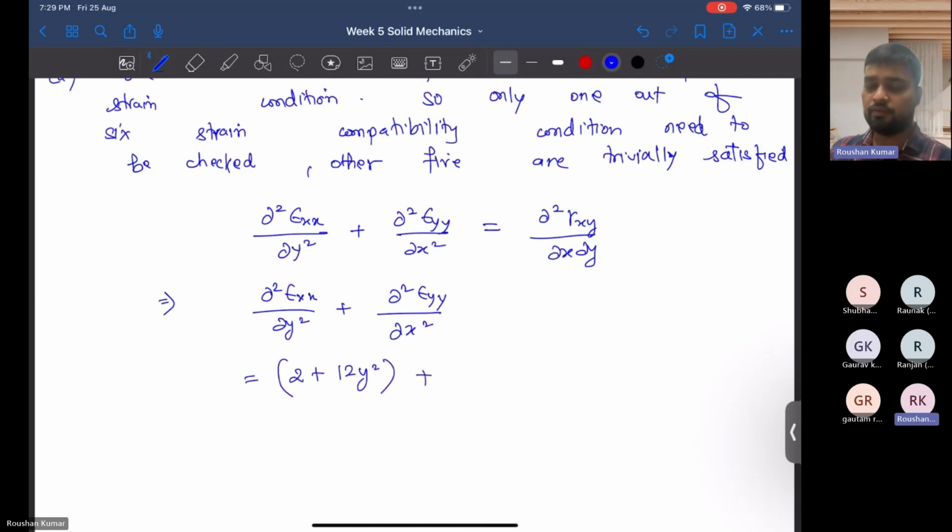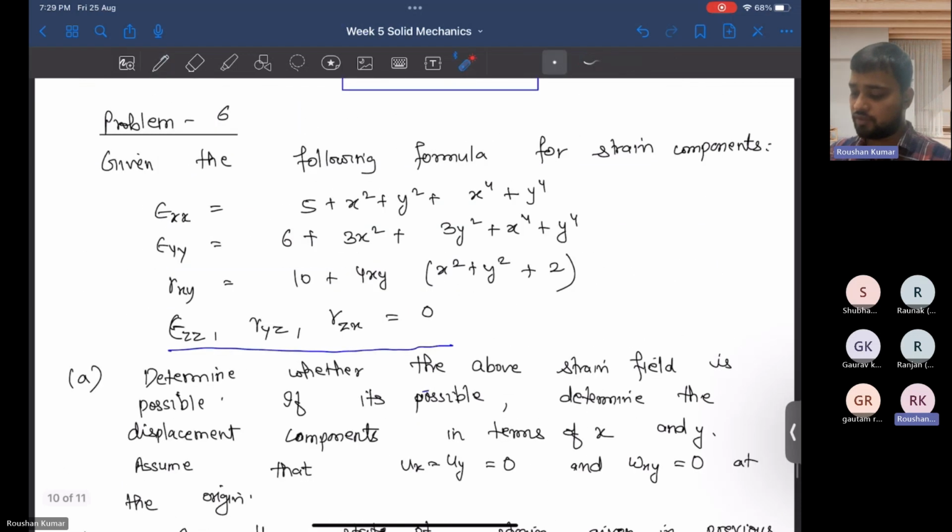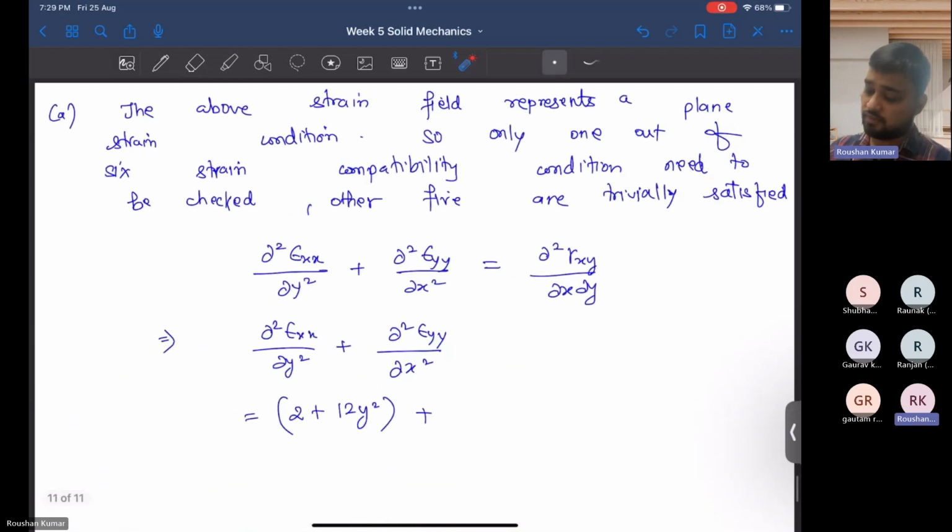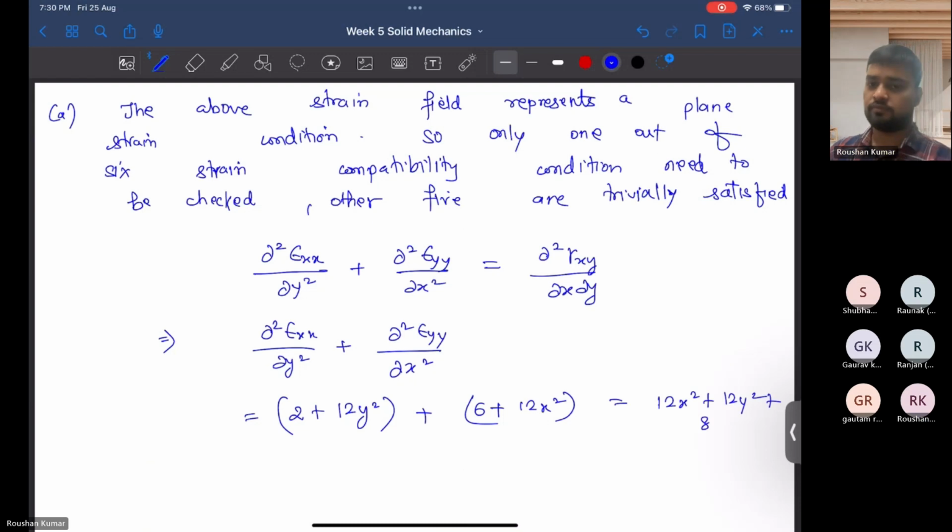Then del 2 epsilon yy upon del x square: taking the second derivative with respect to x gives 6, and the x to the power 4 term gives 12x square, so 6 plus 12x square. Adding these, we get 12x square plus 12y square plus 8. Okay.